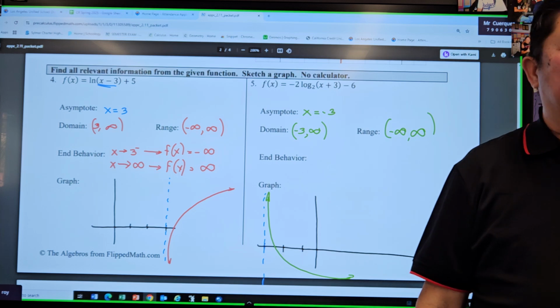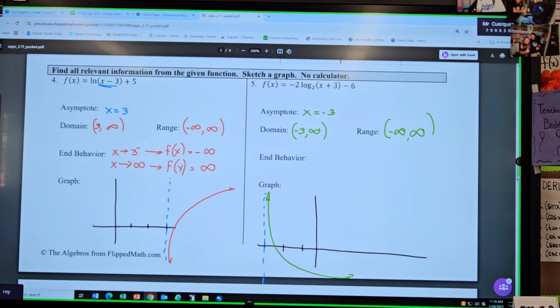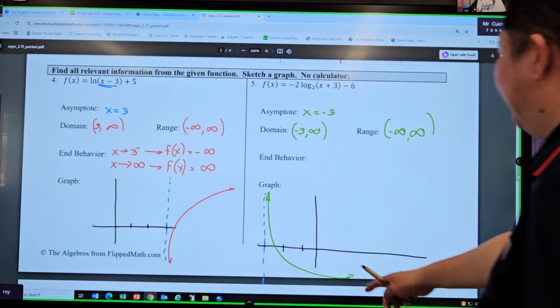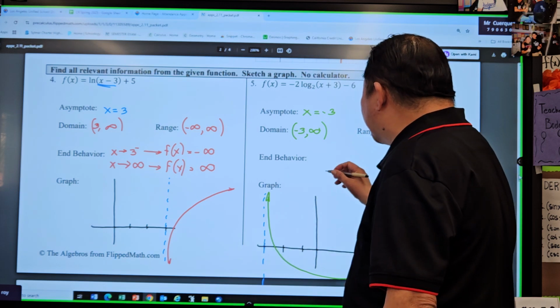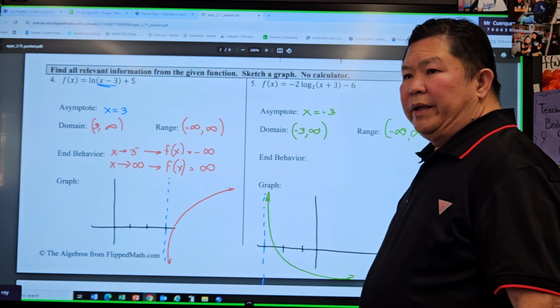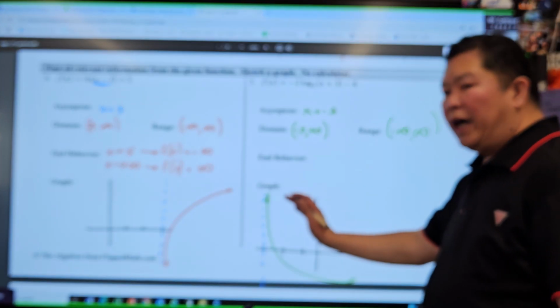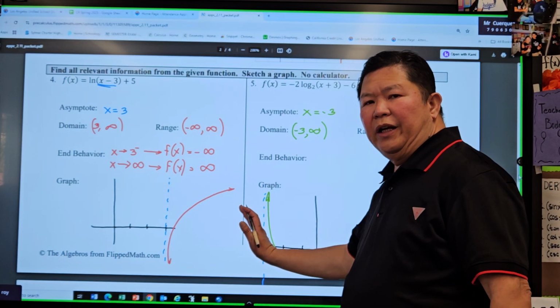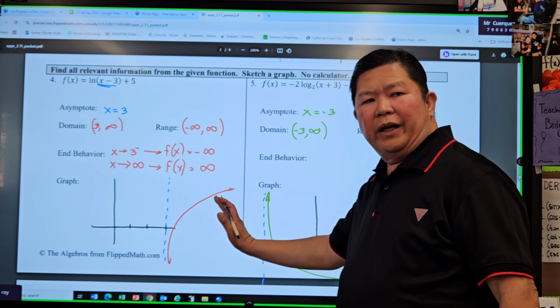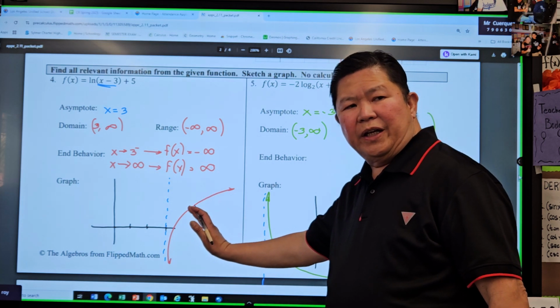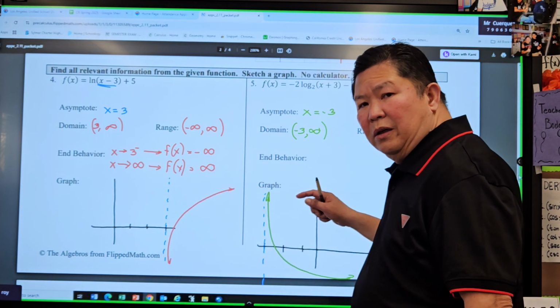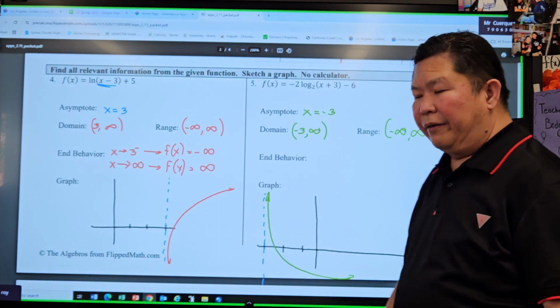Now, what about the end behavior? For the end behavior, we're going to consider first the left of negative 3. What are the numbers left of negative 3? Negative 4, negative 5, negative 6, negative 7, so all numbers going to the left.